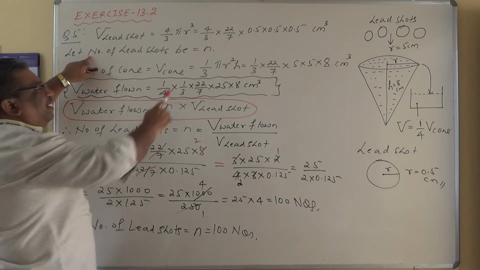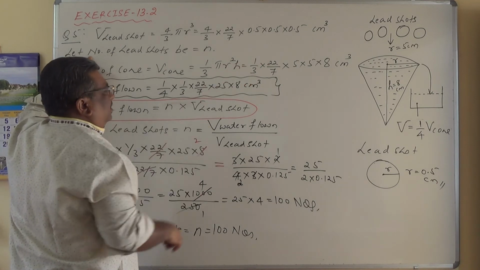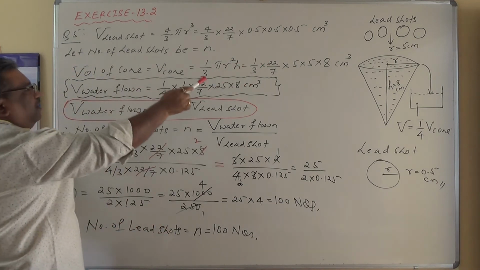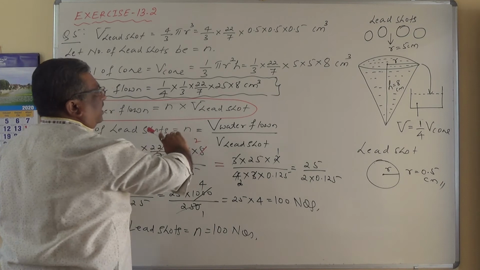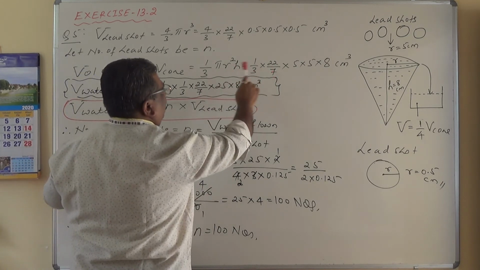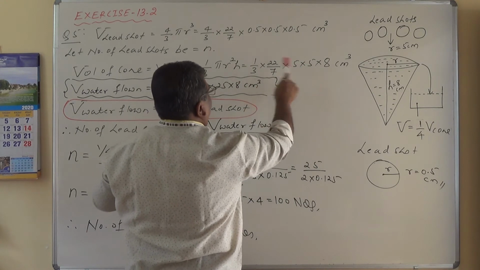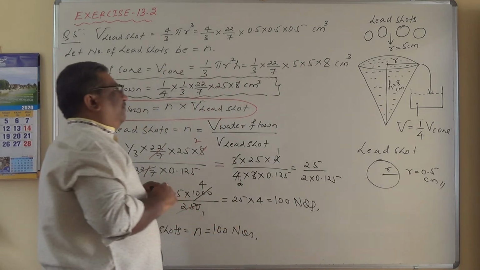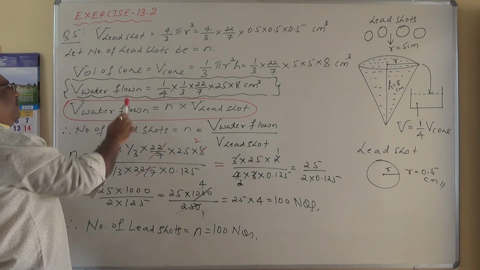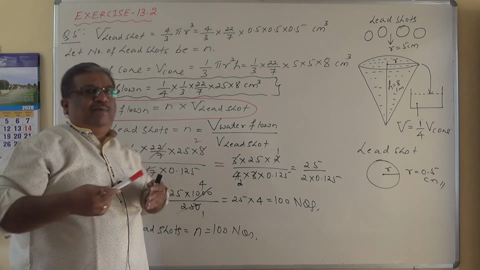Number of lead shots be n that we are going to pour into the vessel. Volume of the cone is 1/3 pi r square h, 1/3 22/7 into radius of the cone is 5. So 5 square, r square is 5 into 5, height is 8 centimeter into 8. Now volume of the water flown. How do you calculate the volume of the water flown?